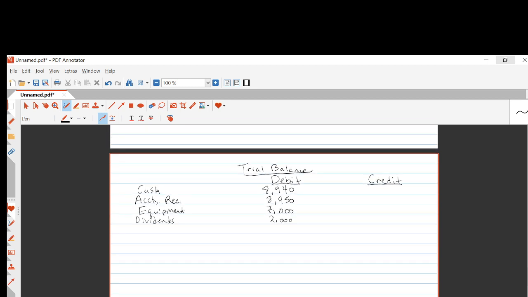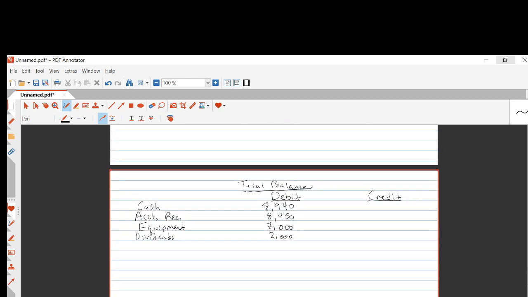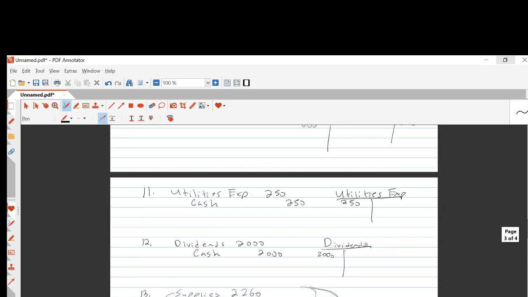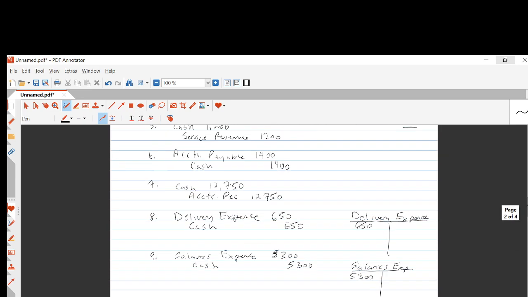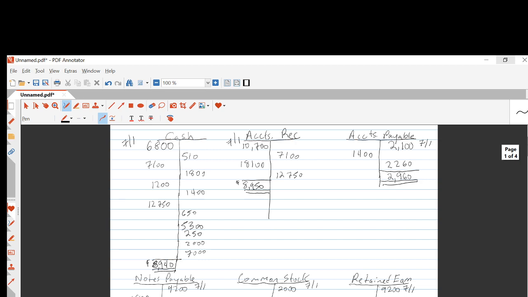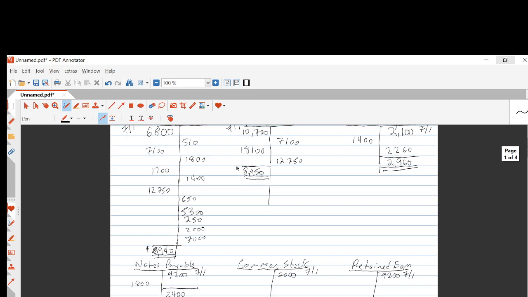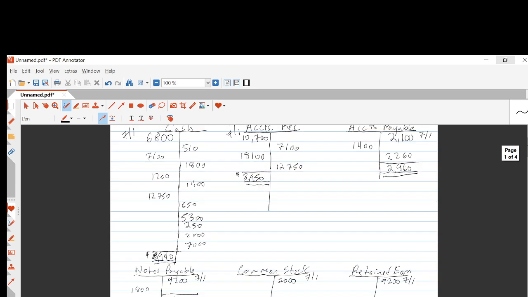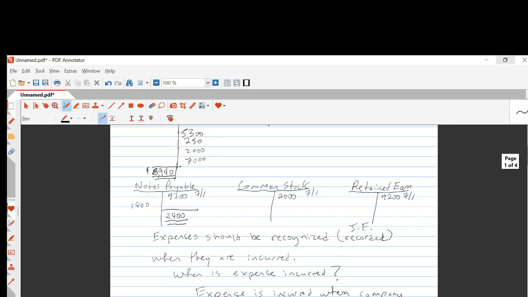All right. Now let's go and do our liabilities, our credit account balances. So accounts payable 2,960, notes payable 2,400.